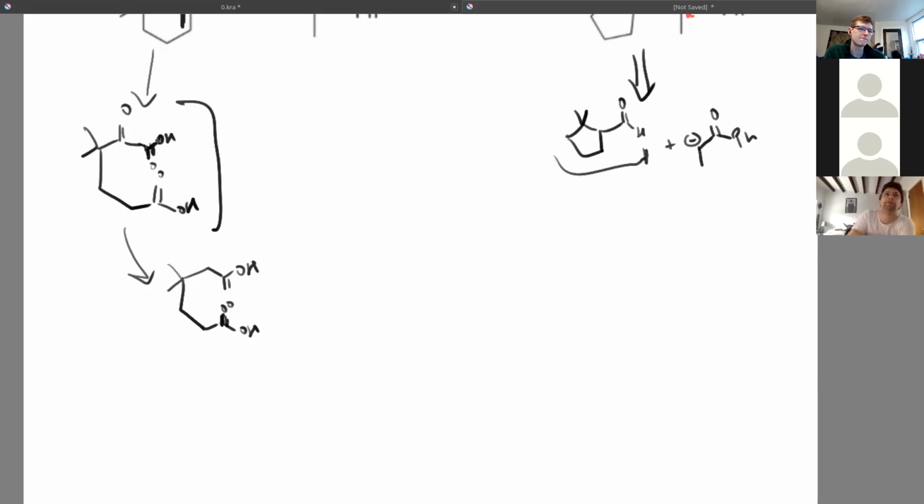Unless we convert it to an acid chloride, perhaps? Because then we would get rid of the alcohol, and then we might be able to reduce later on, Zn(Hg) style, the ketones or aldehydes, perhaps.